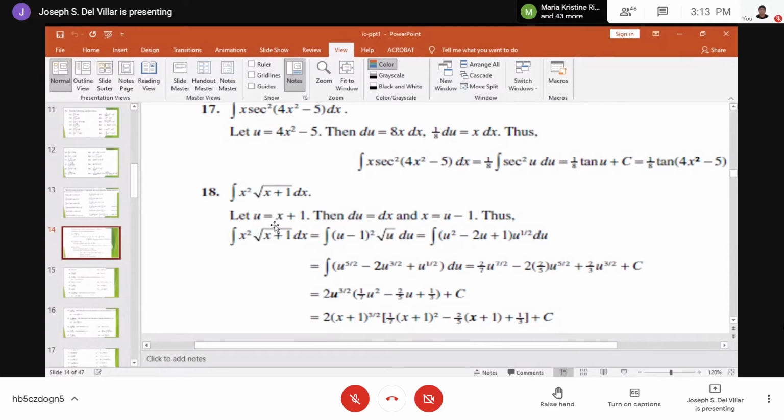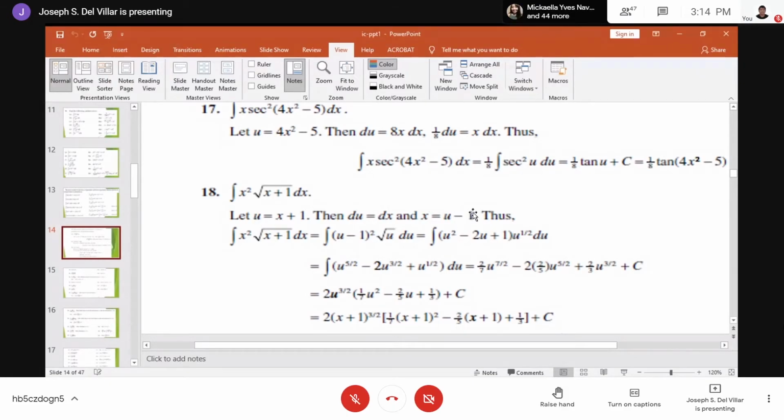We need to solve for x kasi kailangan ma-express natin from the given, we need to express all the x's in terms of u. So from the representation, we solve for x, so definitely we are going to transpose yung 1 doon kay u. Okay? So therefore, meron na tayong x is equal to u minus 1.